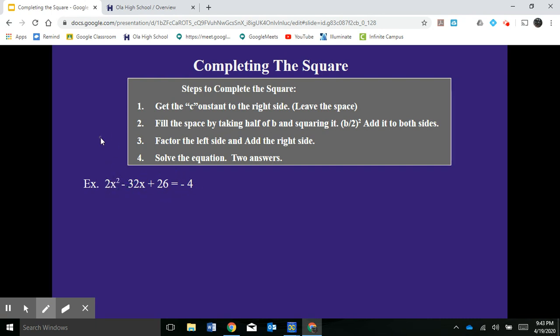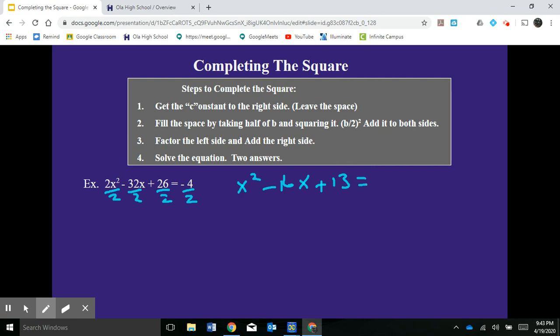So I'm going to divide everything by 2, get rid of it, and that turns my problem back into something I can do. 2 divided by 2 is x squared. 32 divided by 2 is negative 16x. 26 divided by 2 is 13.